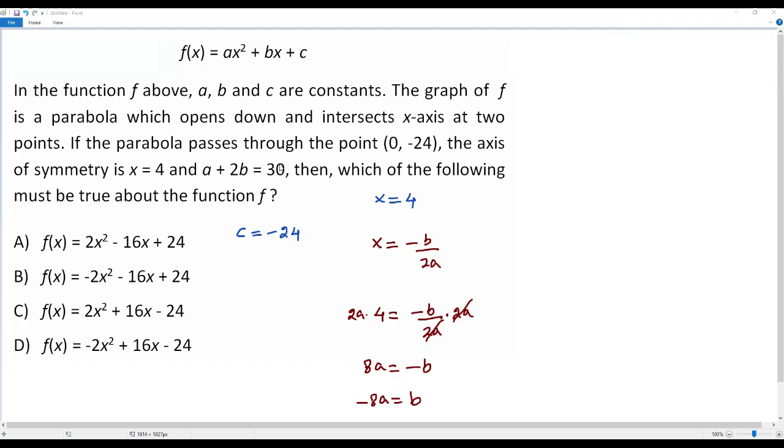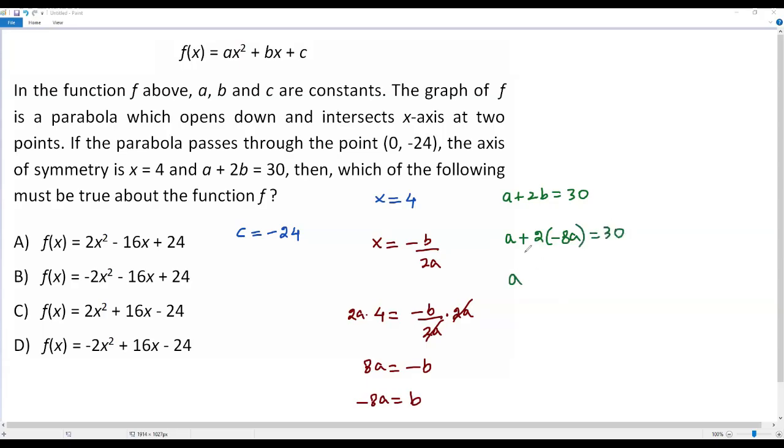Anyway, let's try to get the value of a. For that, we can consider a plus 2b equals 30. We can plug in negative 8a for b, because we got that b equals negative 8a. So a plus 2 times negative 8a equals 30.